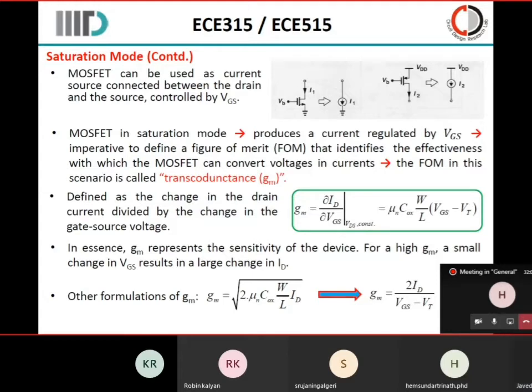So if you are designing a high frequency circuit and you would like to have a resistance of 50 ohm, what would be the equivalent Gm value to maintain 50 ohm?